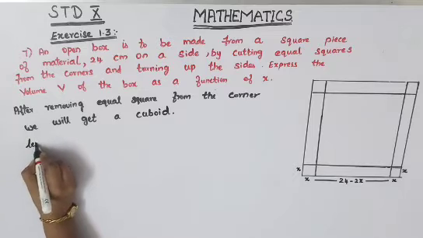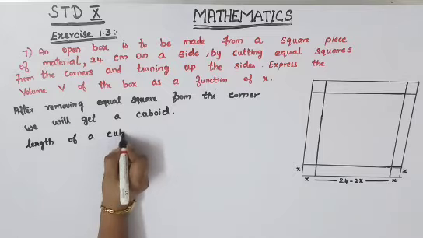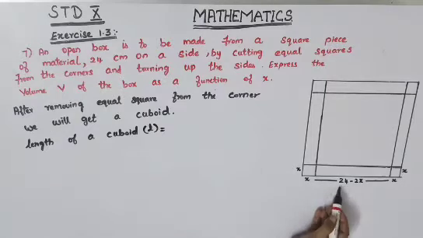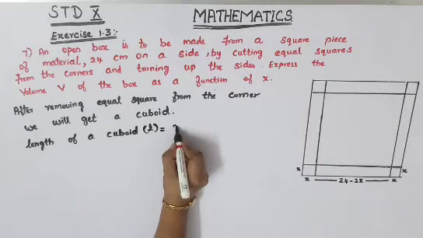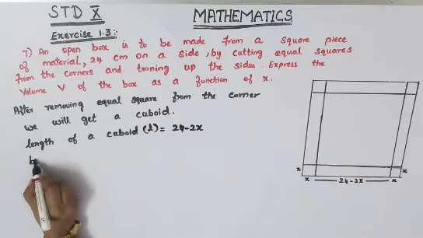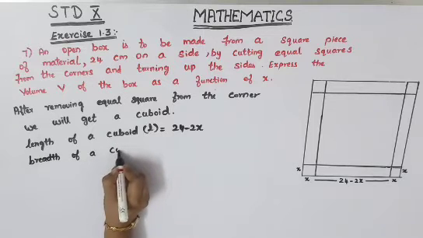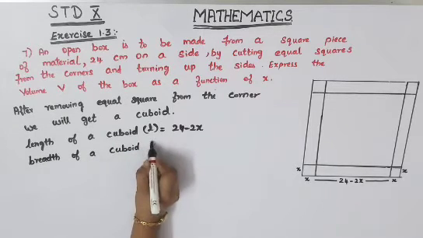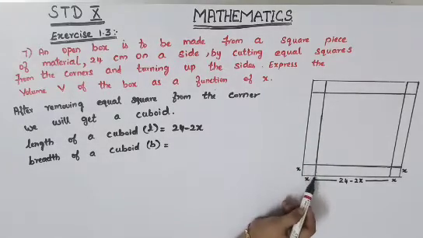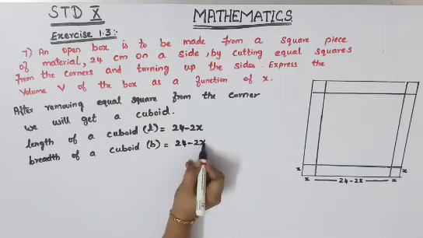So next, the length of the cuboid is L, which is 24 minus 2x. Next, the breadth of the cuboid is the same: we are removing x and x here, so 2x will be removed, so it is 24 minus 2x.